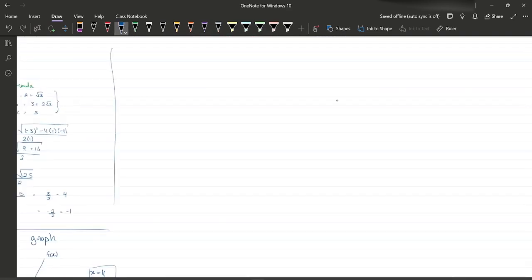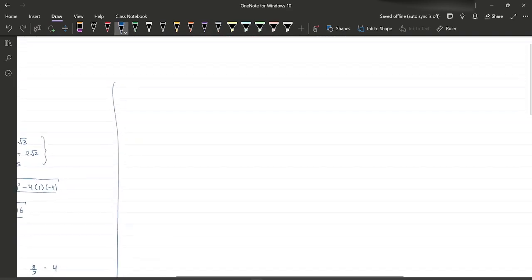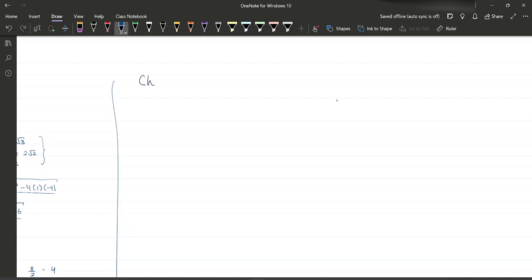Let's come over here. This is going to be a bit of a cheat method. What the method basically is that you can use your calculator. So let's write this equation down: x squared minus 3x minus 4 is equal to 0.